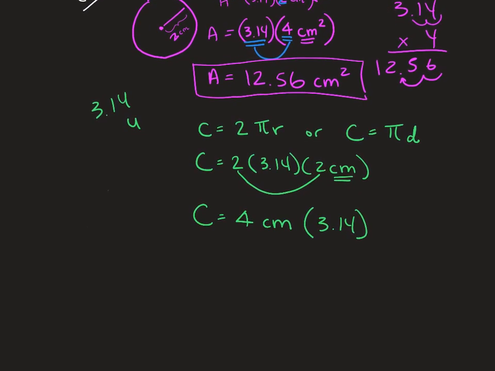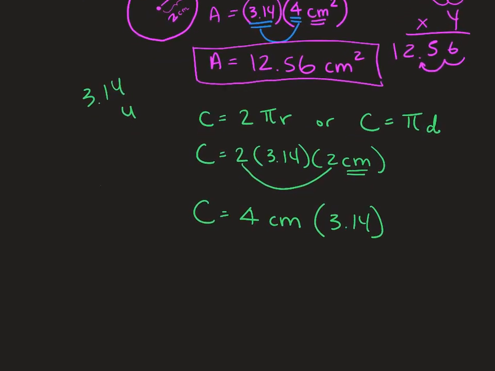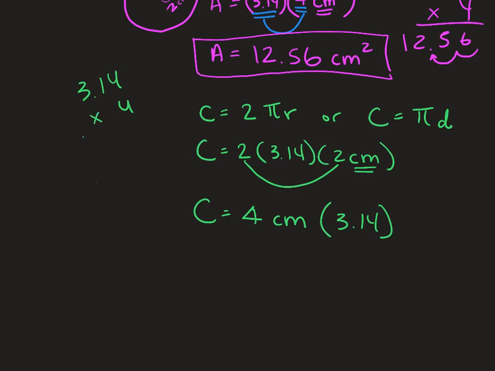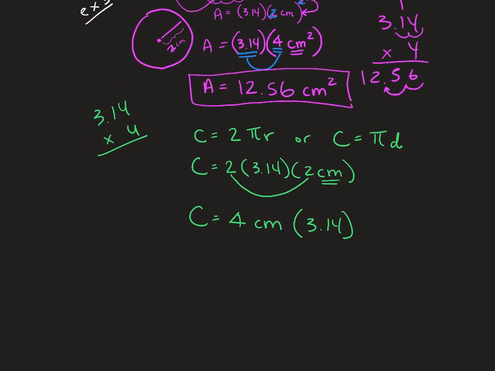And here's your next math problem, 3.14 times 4. Very interesting. We're actually going to get the same number as we got here. And that's okay. It's not weird, because for the first one you were solving the area of the circle, the space inside.